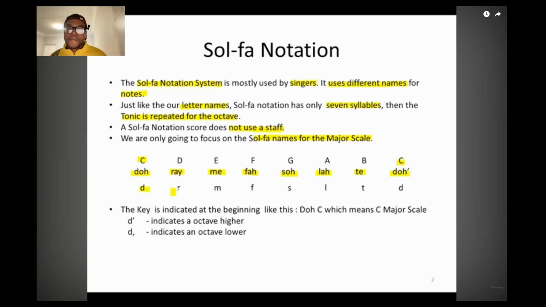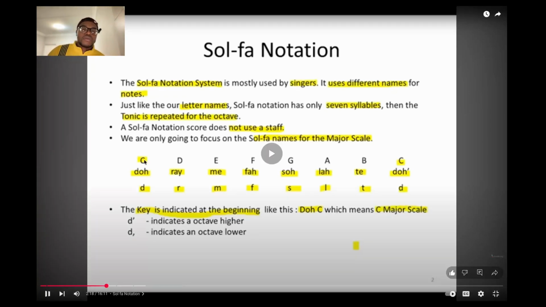Here are the abbreviations: d, r, m, f, s, l, t, d. Now the key is indicated at the beginning as Do is C, which will mean that we are in the C major scale or the C major key.